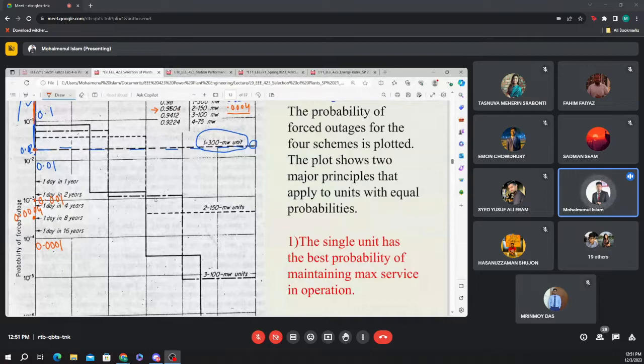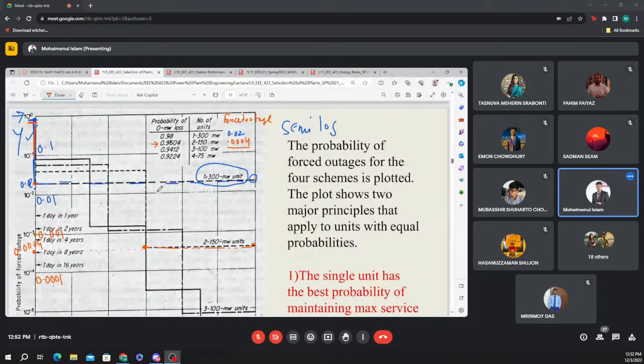So this point, if you just draw it up to 150, you can cross here. So if you consider this point as 0.0004, then from 300 up to 150, this line.